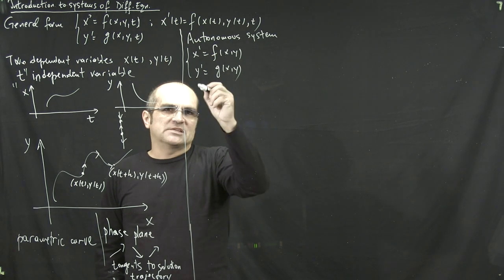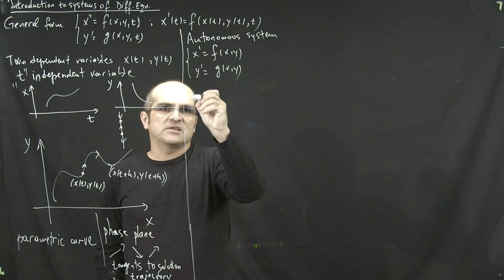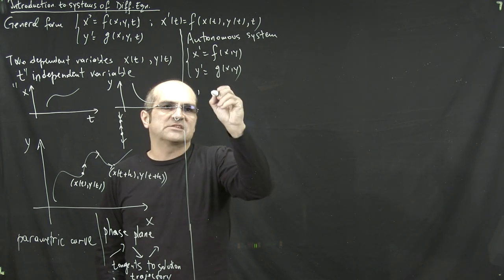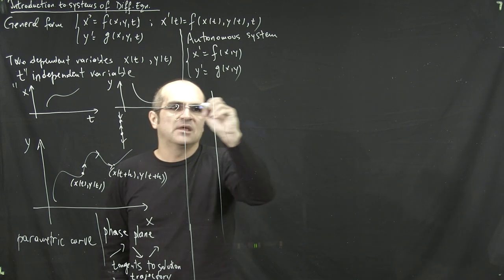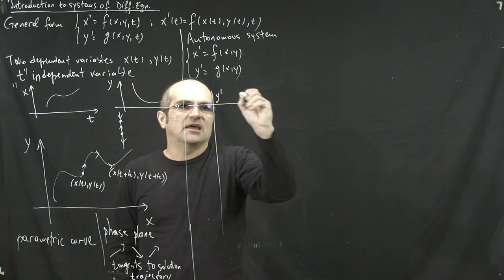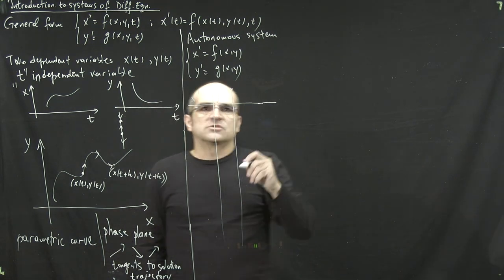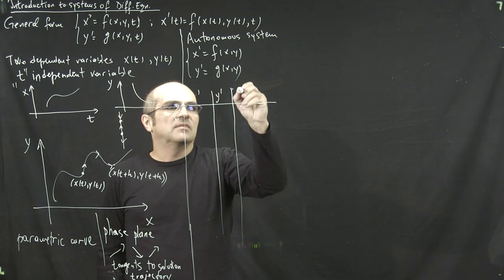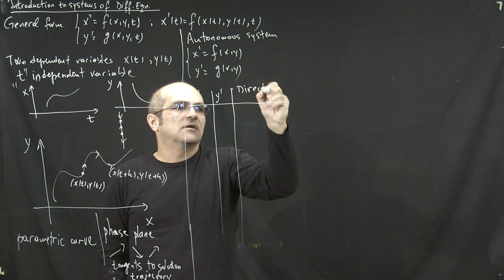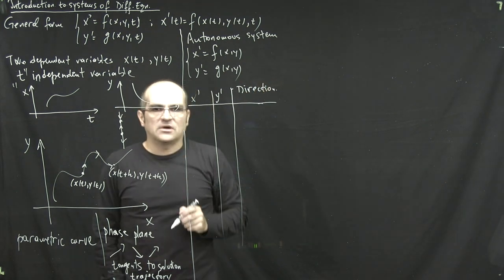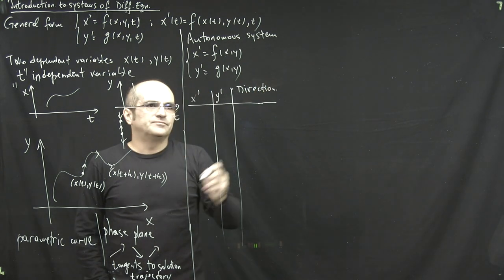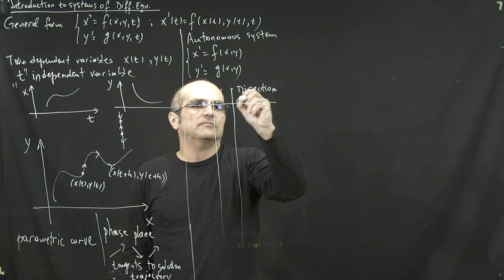So to illustrate this briefly, let's do a classification of how the arrow looks like depending on the sign of x prime and y prime. Let's see the direction of motion of the solution.